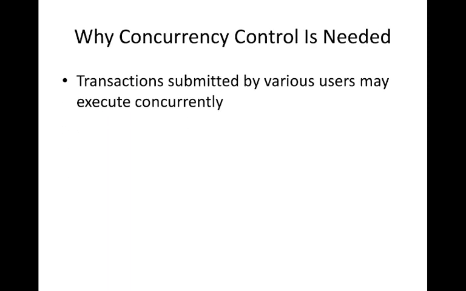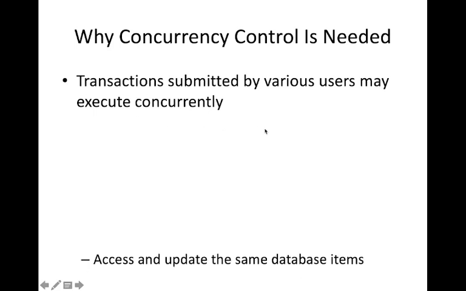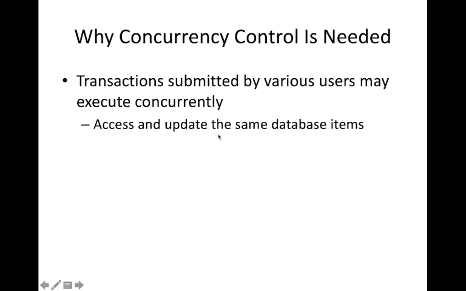Transactions submitted by various users may execute concurrently, accessing and updating the same database items. That may be a problem. For example, a person is withdrawing some amount from an account, and some other person is adding some money to that account.